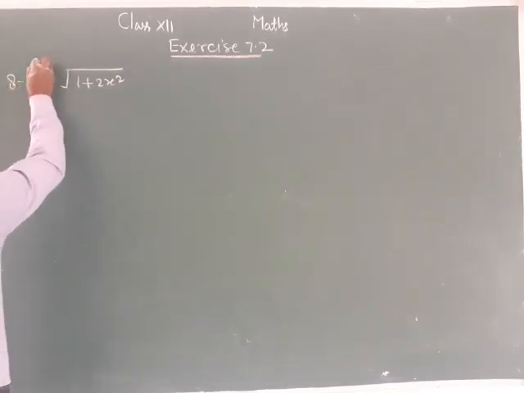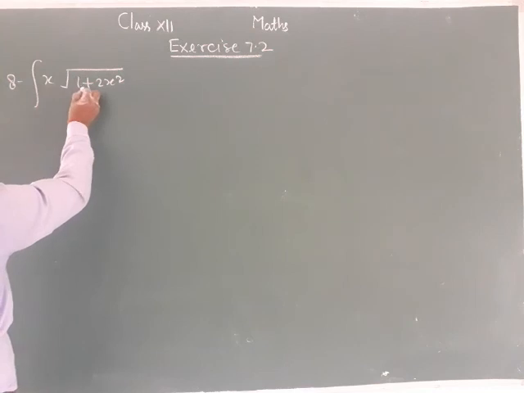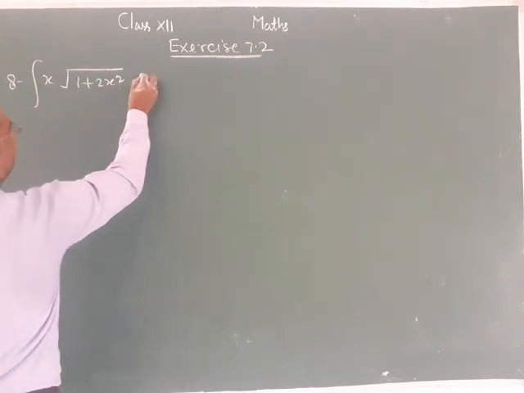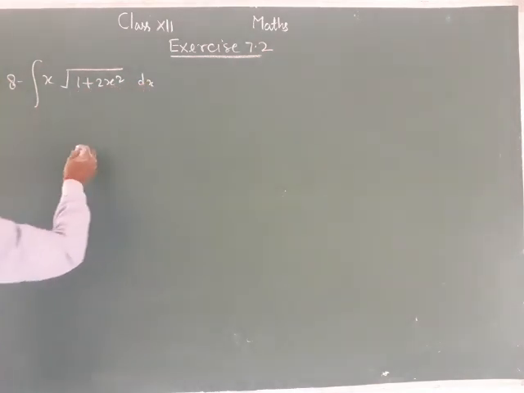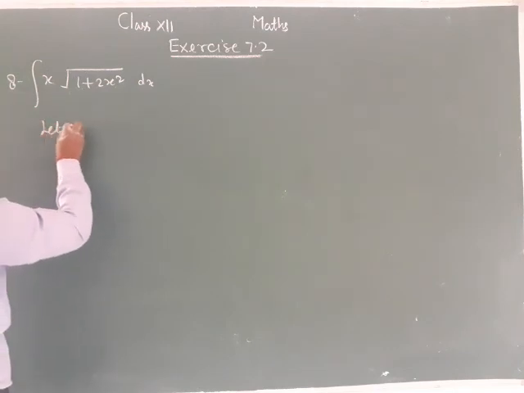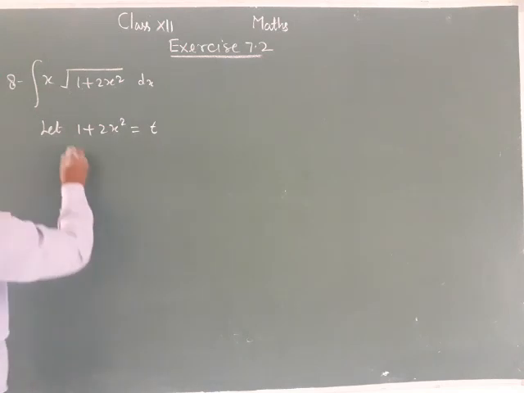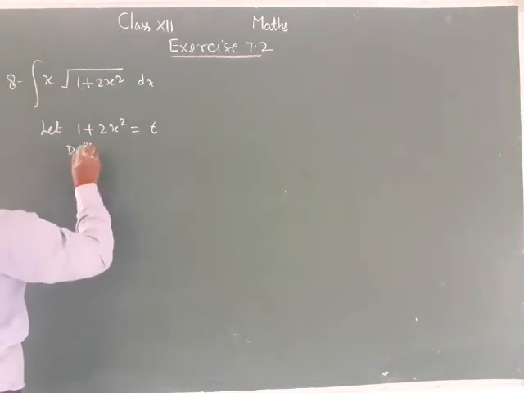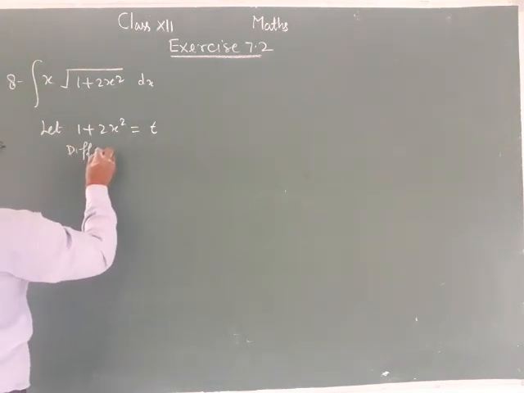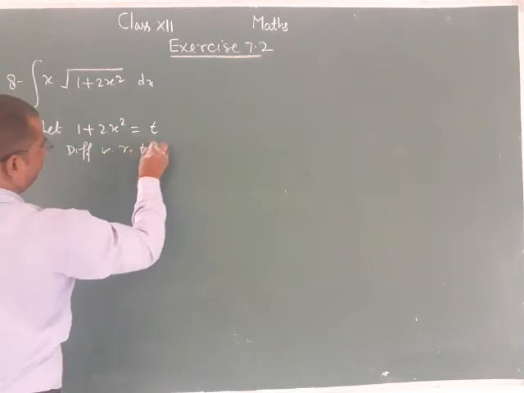Question number 8. Integral of x root 1 plus 2x square dx. So let 1 plus 2x square be equal to t. Now differentiate with respect to x.